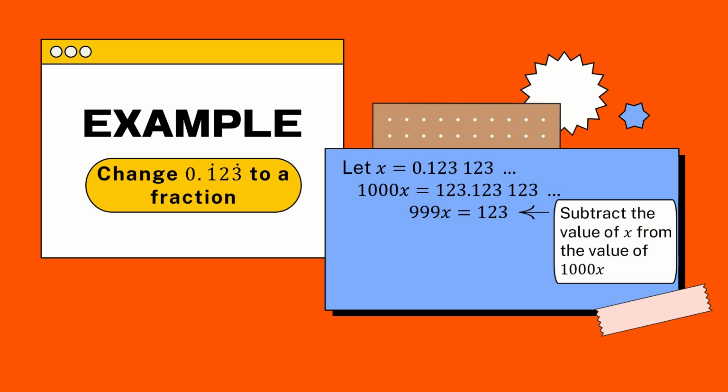So to find x, we divide both sides by 999. So we've got x equals 123 over 999, and if we choose to simplify it, we've got 41 per 333.